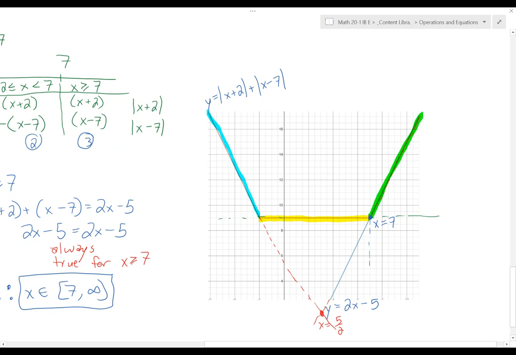But because that part that I've drawn as a dotted red line isn't actually part of my absolute value function, it's just part of the line that makes up a part of the absolute value function. But as soon as I get rid of the absolute value, the equation doesn't know that. So the equation tells me, yep, there's an intersection. It's up to me to know that that equation only counts for values of x that are less than -2. So that's why we get extraneous values.